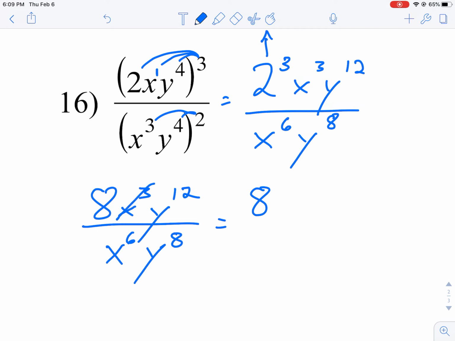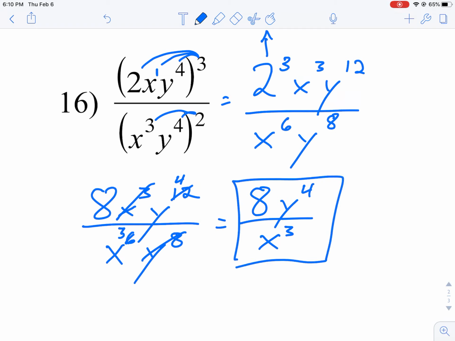So if I take away all 3 of these and 3 from here, that gives me x to the 3rd in the denominator. And then I've got y to the 12th over y to the 8th. So I've got 8 on the bottom that I'm going to take away from 8 on the top. Gives me 4. So y to the 4th. 8y to the 4th over x to the 3rd.